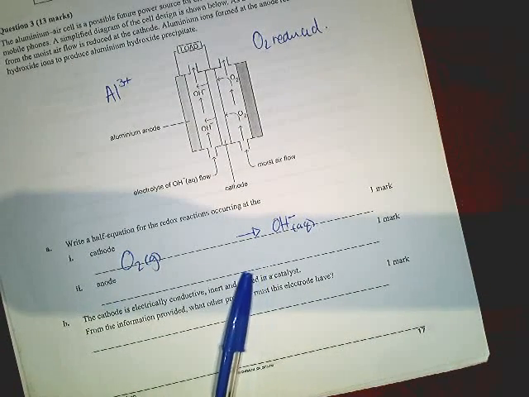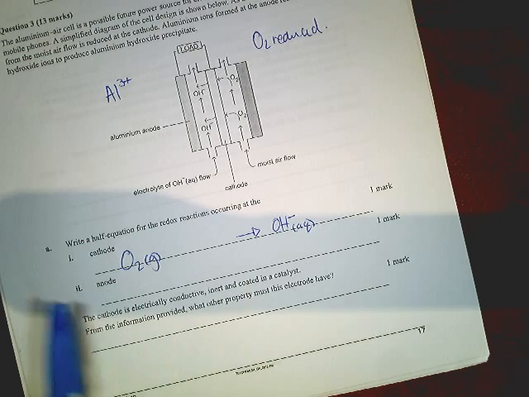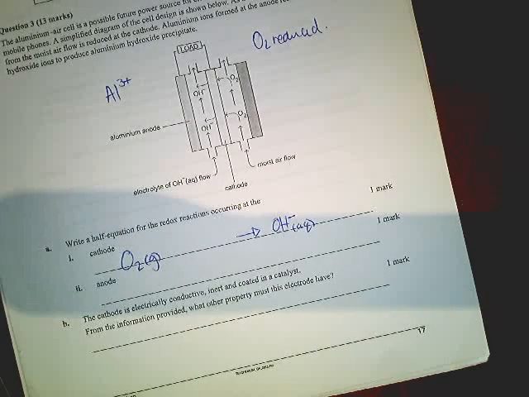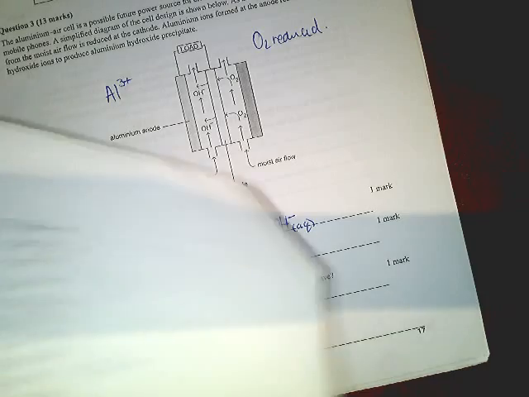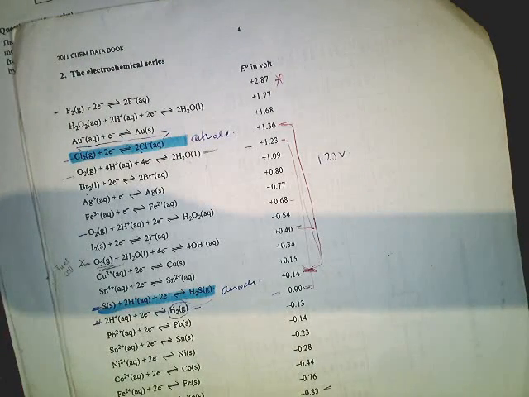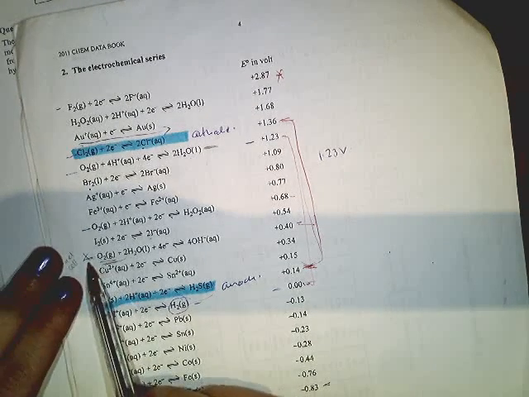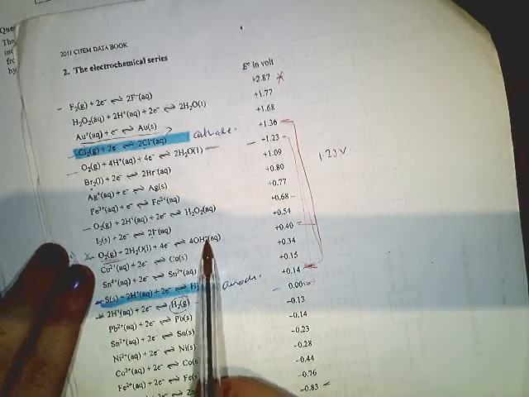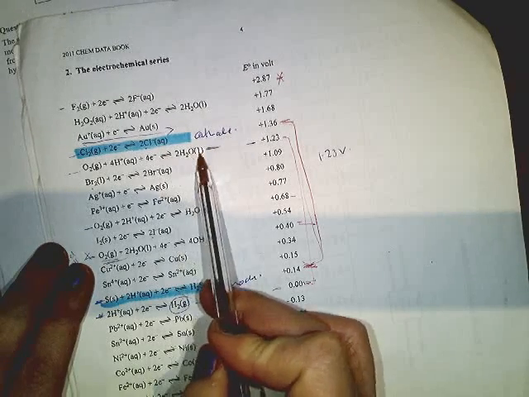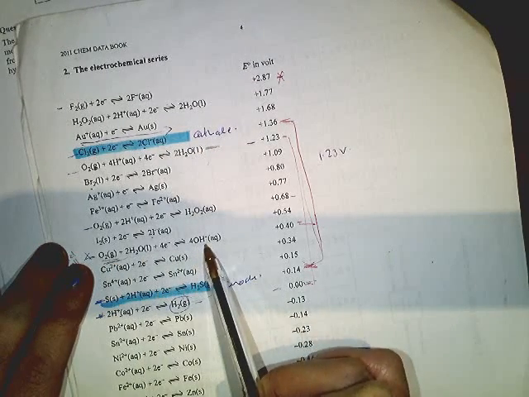Basically how you can do that is we've gone through the electrochemical series and we've said that when oxygen's reduced, it's either reduced in an acidic solution to produce water, or it's reduced in a basic solution to produce OH negative.